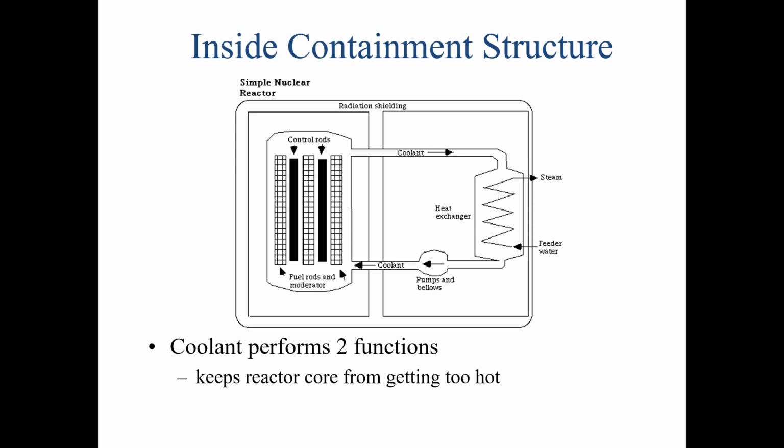So to keep it cool, water is utilized as a coolant, to keep it safe from getting too hot. The second function is to transfer heat which drives the turbine. These are the two functions performed by the coolant utilized in the reactor.